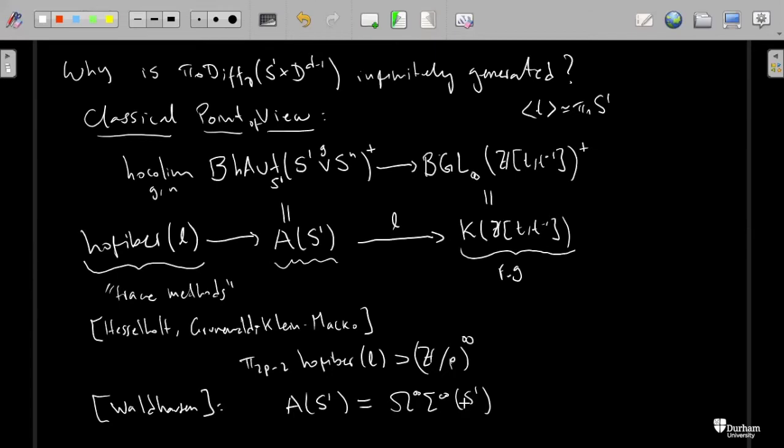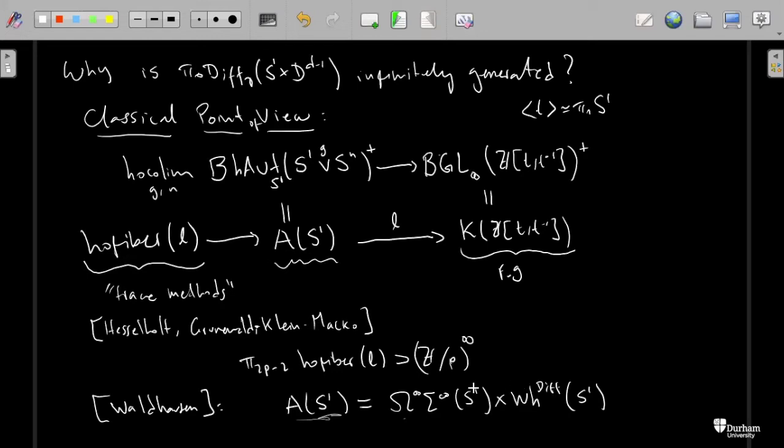So in particular, these things are going to be finitely generated, the homotopy groups of this space, and it's something that is relatively easy to analyze, although the notation is that bad. And the other thing is something called the Whitehead space of S1, right? So now we know that the infinite generation comes from here, and from this splitting, the infinite generation of this space doesn't come from there, so it has to come from this Whitehead space, right?